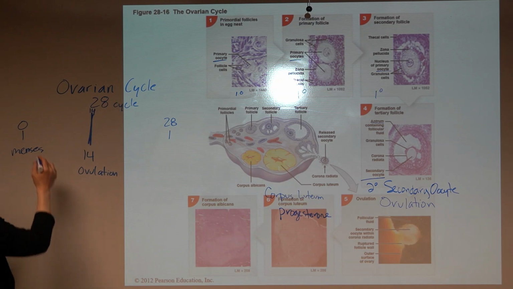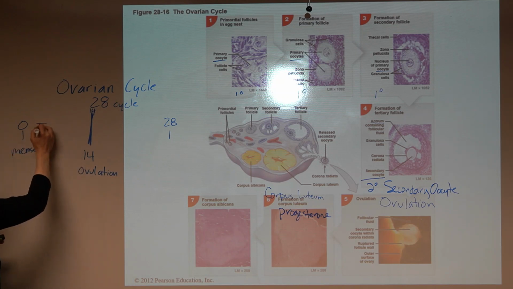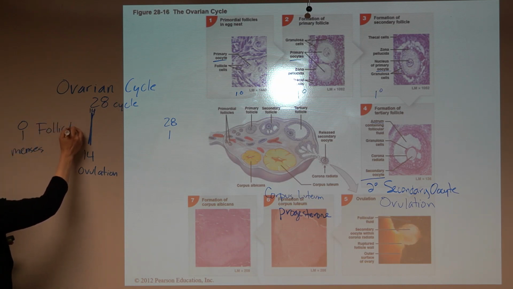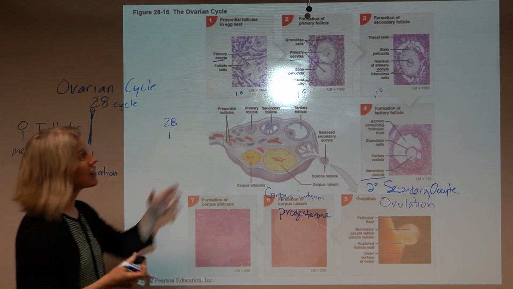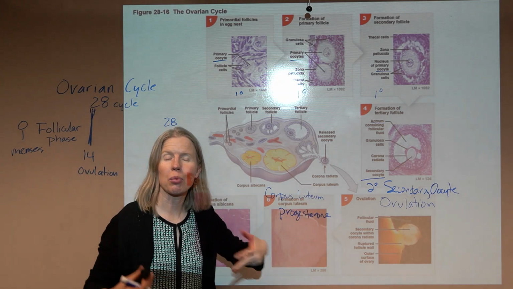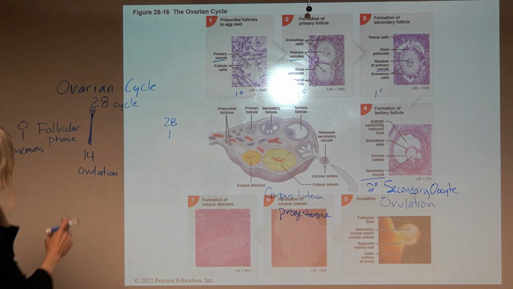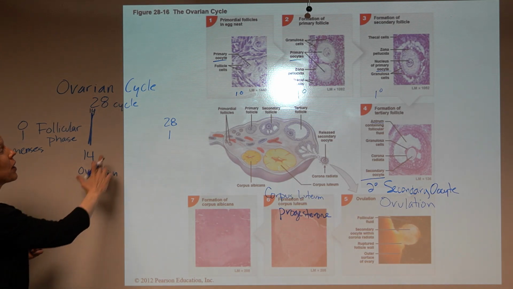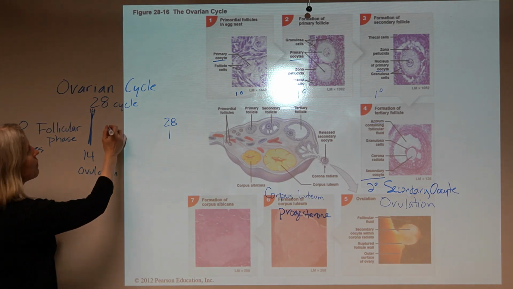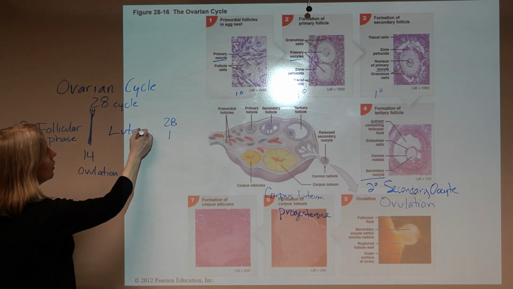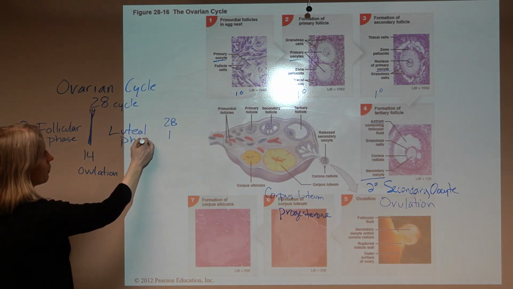The first half, from day 0 to 14, is called the follicular phase, because it is dominated by the progression of the follicle till we get to that tertiary follicle that can rupture at ovulation. The second half of the cycle then is called the luteal phase.